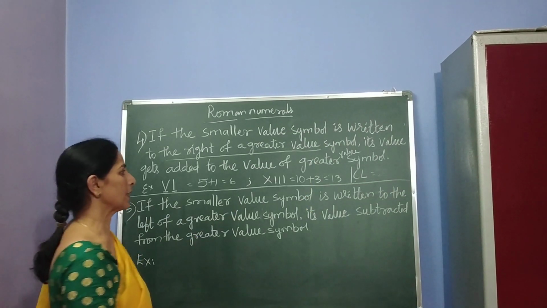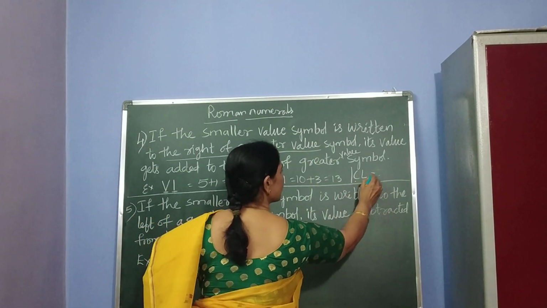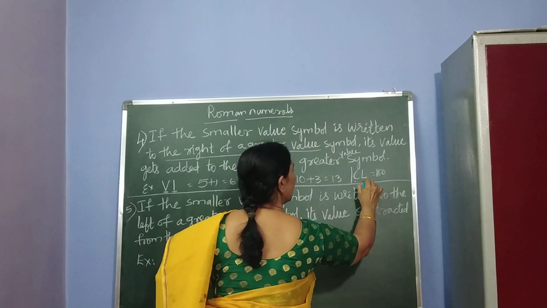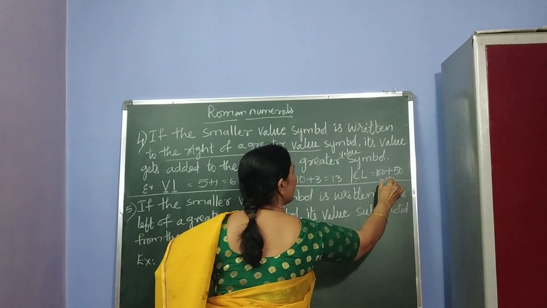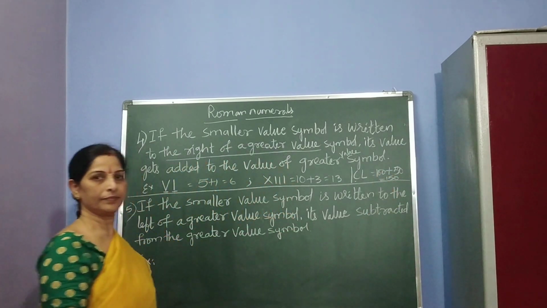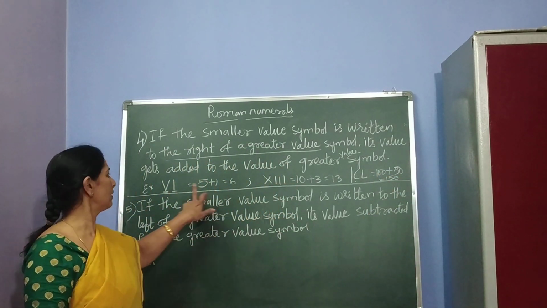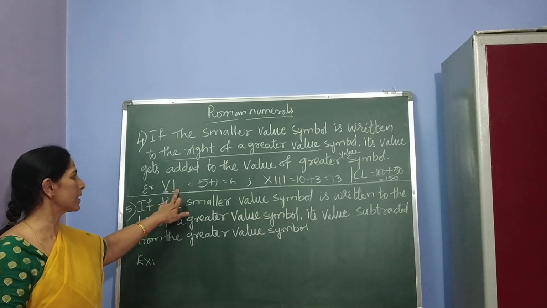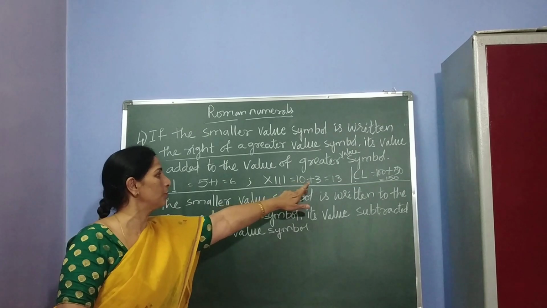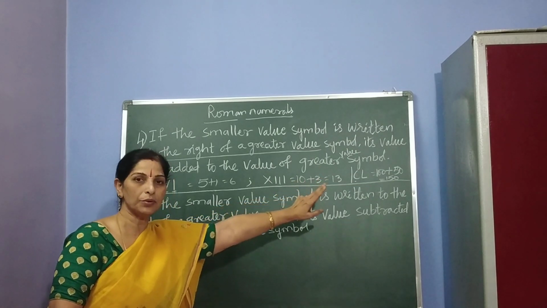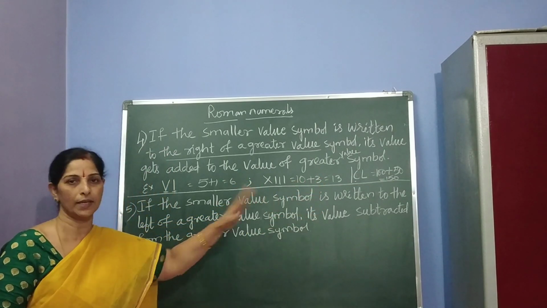C stands for 100, L stands for 50. That gives 150. Okay children, when the smaller value is written to the right side of the greater value, the value will be added to the greater value symbol.